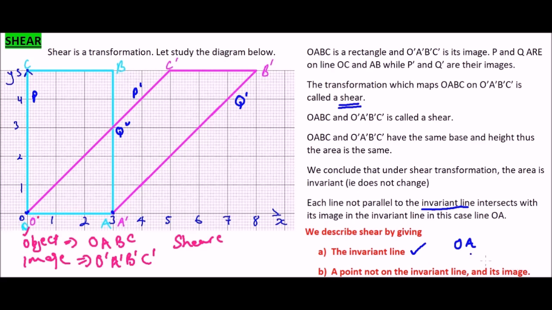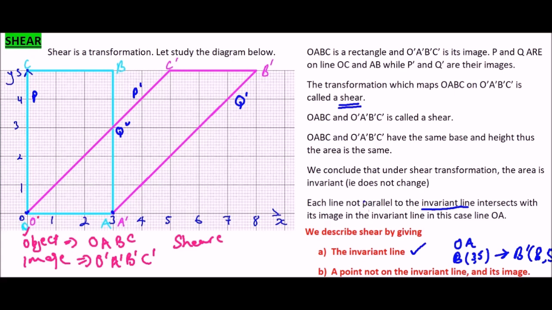In this case, we can say we have B, which is at (3, 5). So the coordinates of B are transformed to B prime, which is (8, 5). So that is how we describe the transformation known as shear.